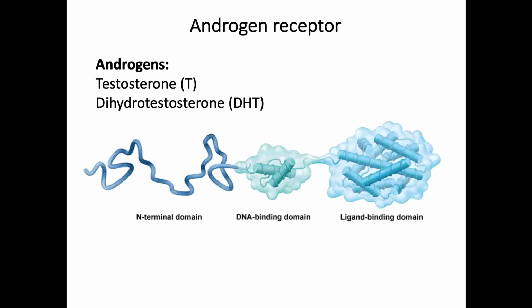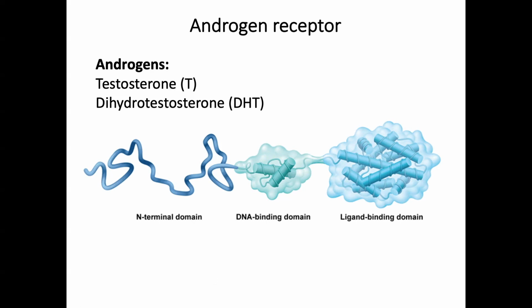The AR protein has 3 major domains based on its function: the N-terminal domain, the DNA binding domain in the middle, and the ligand binding domain on the C-terminal. We learned that all transcription factors have a DNA binding domain.